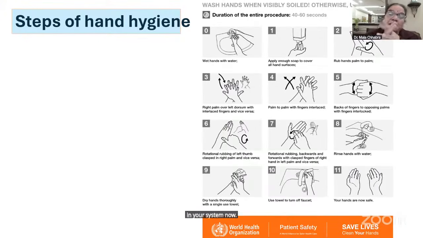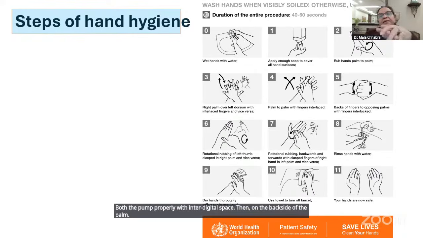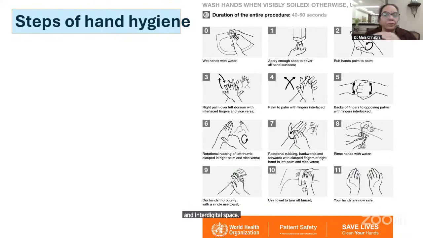And I will give you a mnemonic so that you can practice hand hygiene, and please practice. Okay. So, first is that you rub both the palms properly with interdigital space. Then the back side of the palm and interdigital space, right?